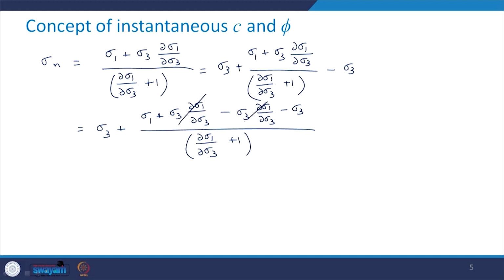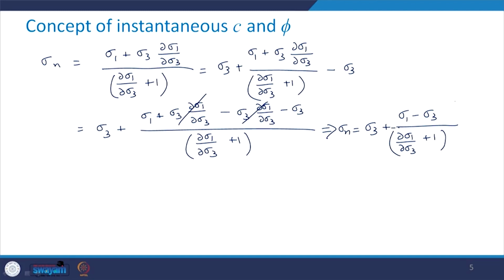Now this term will get cancelled, and what you are going to get from here is sigma n is equal to sigma 3 plus (sigma 1 minus sigma 3) divided by (del sigma 1/del sigma 3) plus 1.